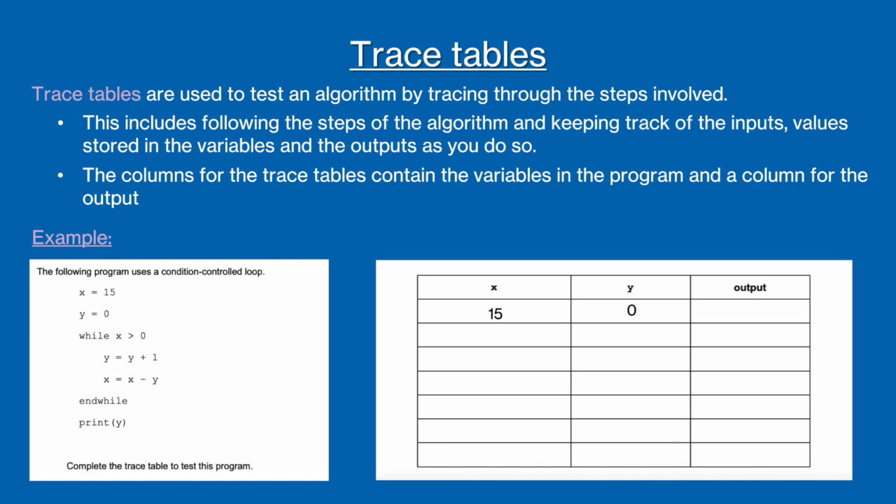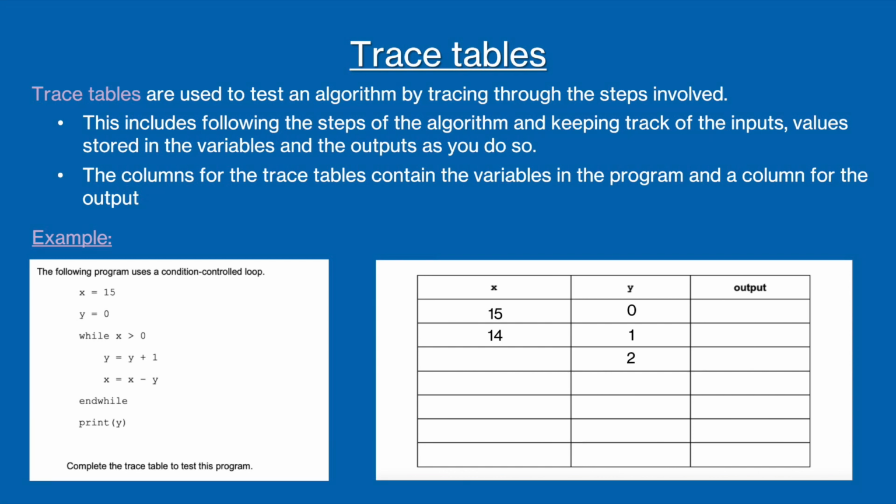Next, we enter our loop as our value of x is 15, which is bigger than 0, so the condition to enter our loop is satisfied. In the loop, we increment our value of y by 1, so y becomes 1, and subtract this value of y from x, so x becomes 14. X is 14, so still bigger than 0, so we repeat this process.